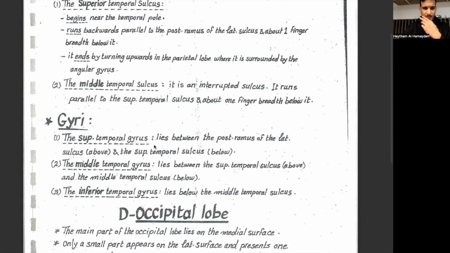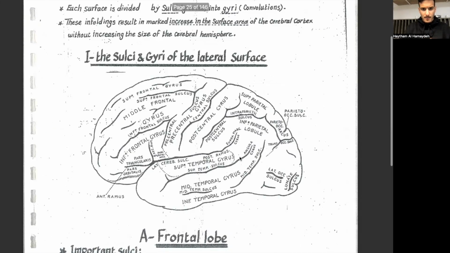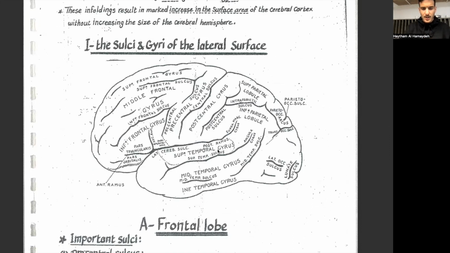The gyri of the temporal lobe are the superior temporal gyrus, the middle temporal gyrus, and the inferior temporal gyrus. The superior temporal gyrus lies between the posterior ramus of the lateral sulcus and the superior temporal sulcus. Look, the superior temporal gyrus here lies between the lateral cerebral fissure or lateral cerebral sulcus and the superior temporal sulcus.